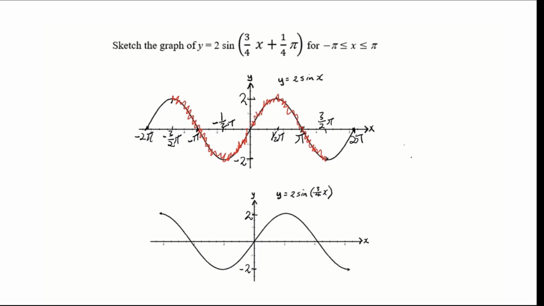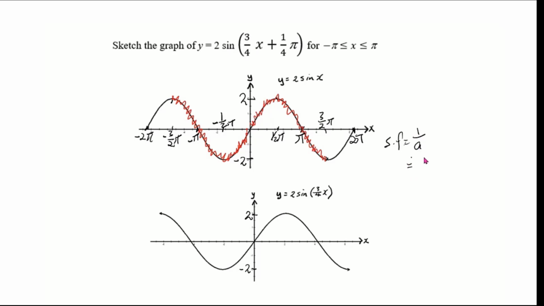Now under the trigonometry function, 3 over 4 here means the number of periods of the function. But under the transformation, 3 over 4 here means we need to carry out enlargement by using scale factor equal to 1 over a.